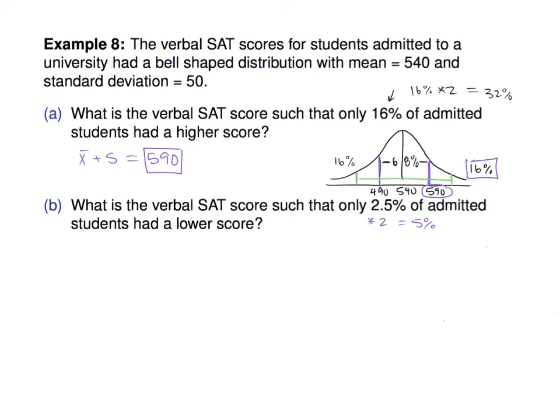So on the lower end, that's going to be 440. On the upper end, that's going to be 640. And we want the score so that 2.5% of people are below you. Well, that's going to be this 440, or x bar minus 2 standard deviations.